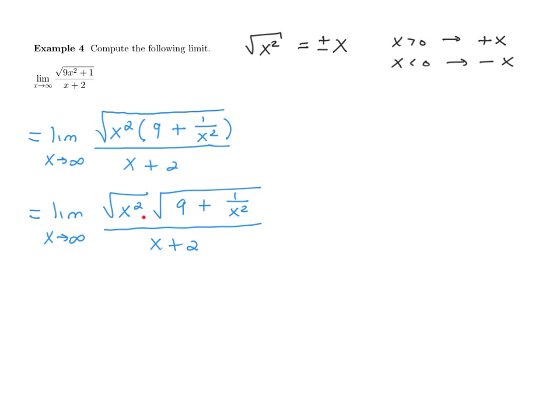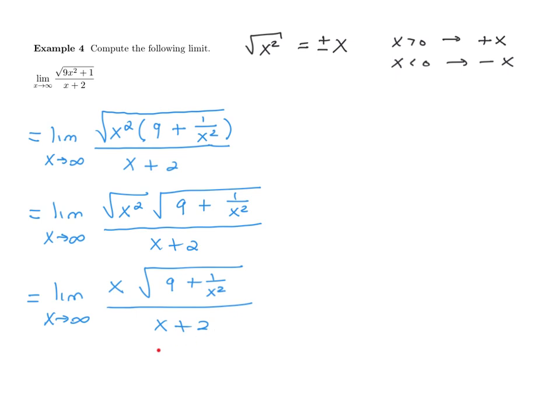Now, what is the square root of x squared? It's either positive or negative x. In this example, it's going to be positive x. So I'm going to place that. So this is the limit as x goes to infinity of positive x. Why is it positive and not negative?